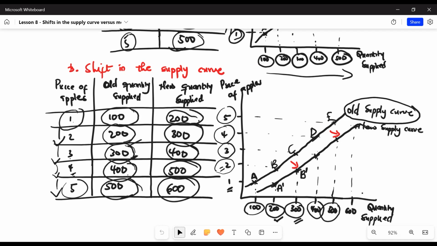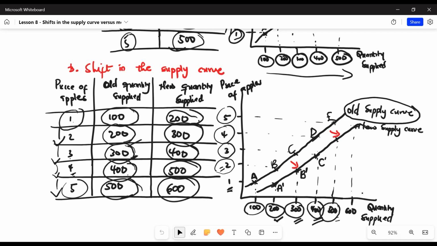This moves us from point B on our old supply curve to point B prime on our new supply curve. At price equals 3, our old quantity supplied was 300, but the new quantity supplied is now 400. This moves us from point C on the old supply curve to point C prime on the new supply curve. When price increased to 4, the old supply was 400, but the new supply is now 500 apples.